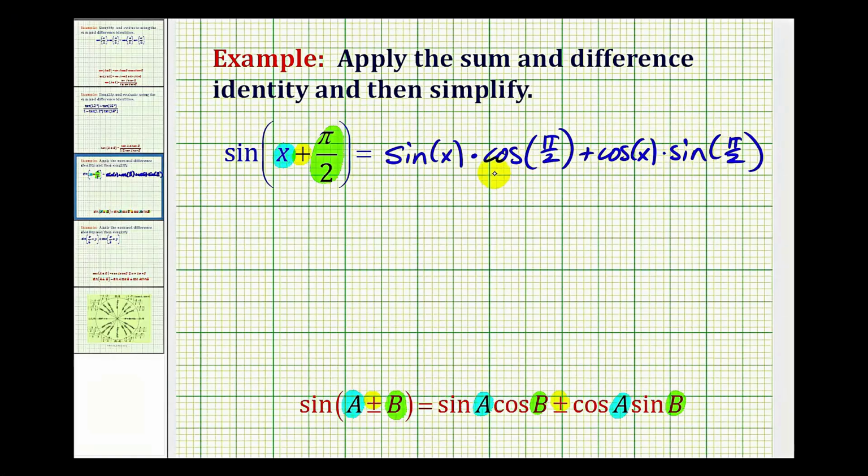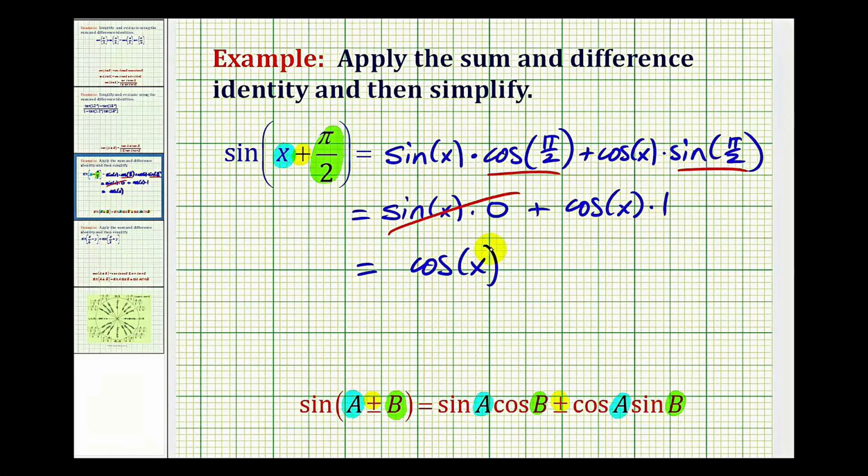And now we can evaluate cosine pi over 2 and sine pi over 2. Well, cosine pi over 2 is equal to 0, and sine pi over 2 is equal to 1. So this is 0, and this is going to be cosine x. Sine of the quantity x plus pi over 2 is equal to cosine x.